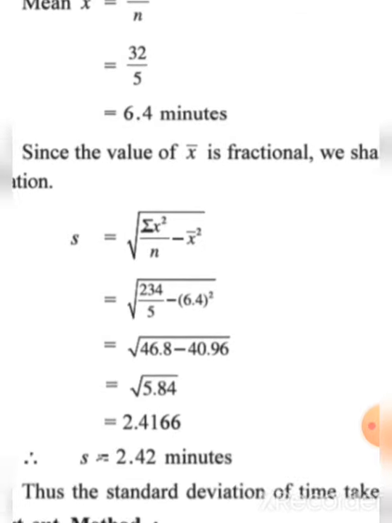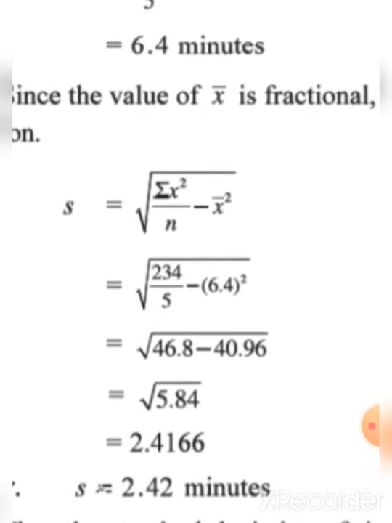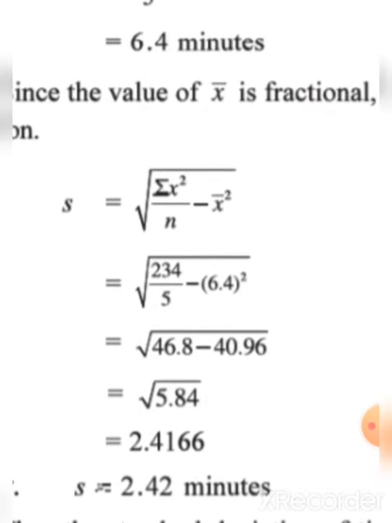So over here, we will see the formula of the standard deviation, and we will try to get the solution for the same. As we have discussed, standard deviation is under root sigma x square upon n minus mean whole square. Sigma x square we have seen in the table, the total was 234, that we are going to put over here, divided by 5, minus the mean we found out, 6.4, the 6.4 whole square.